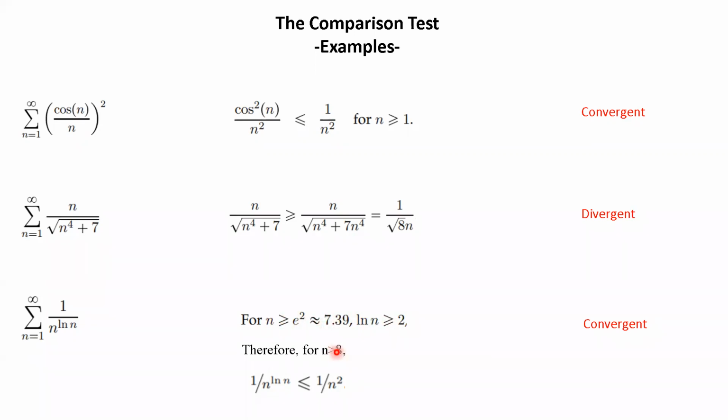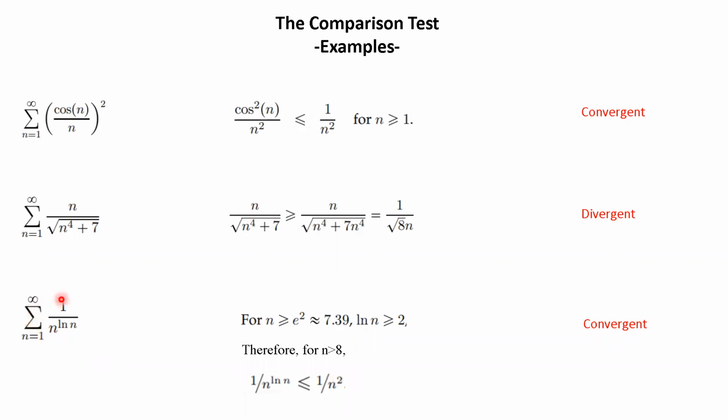So that means if you consider n equals 8 or onwards, this power over here is greater than 2. Then this whole term is actually smaller than 1 over n squared, and 1 over n squared forms a convergent series.